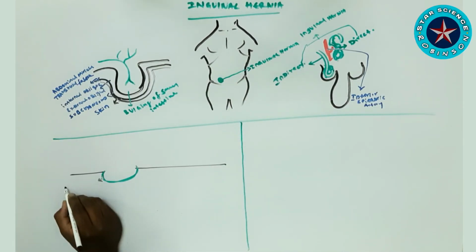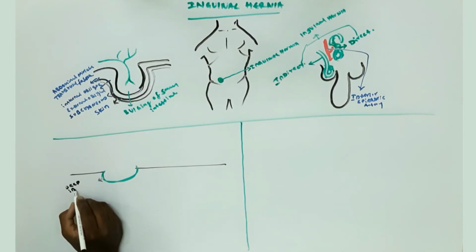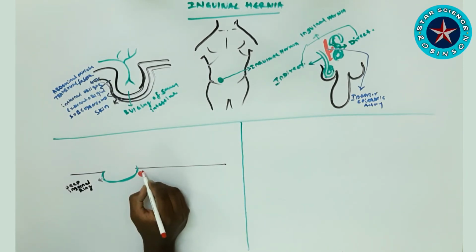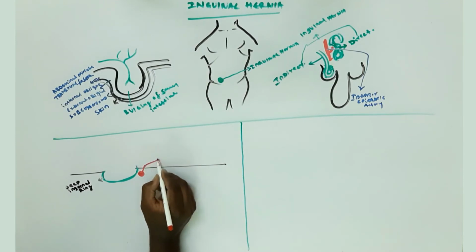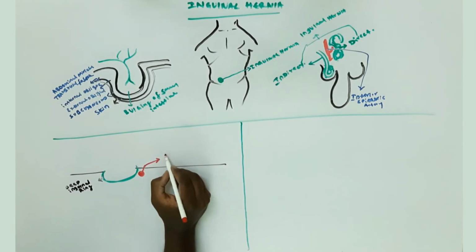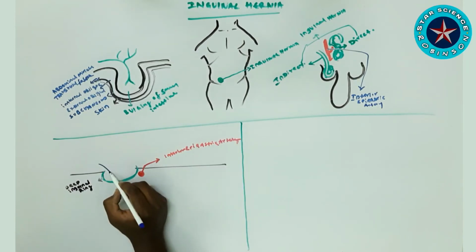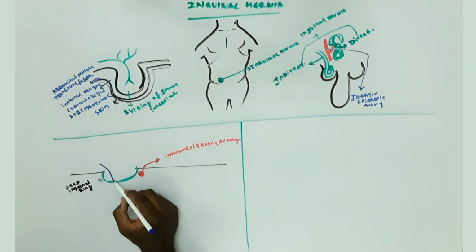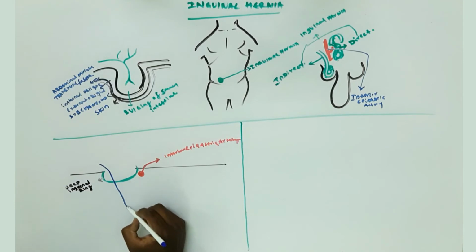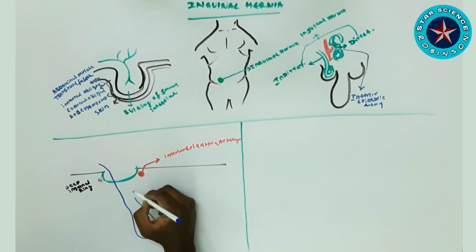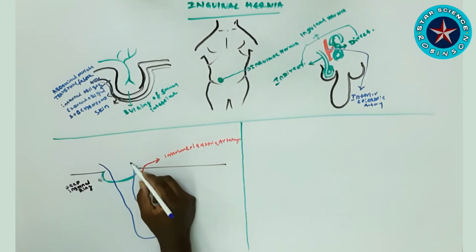This is the deep inguinal ring, where the indirect inguinal hernia occurs when abdominal contents such as fat or intestine push down along the inguinal canal. This is the inferior epigastric artery. The indirect inguinal hernia is present lateral to this inferior epigastric artery. Right now I am showing you the protrusion of the intestine and how it passes through the deep inguinal ring.